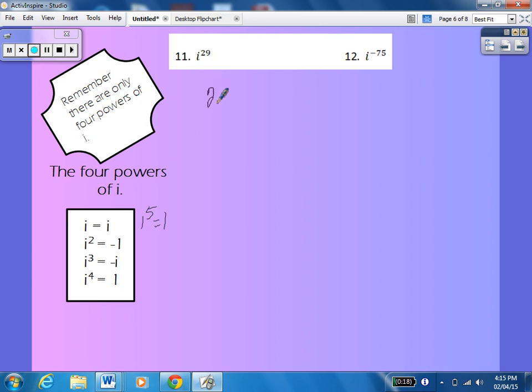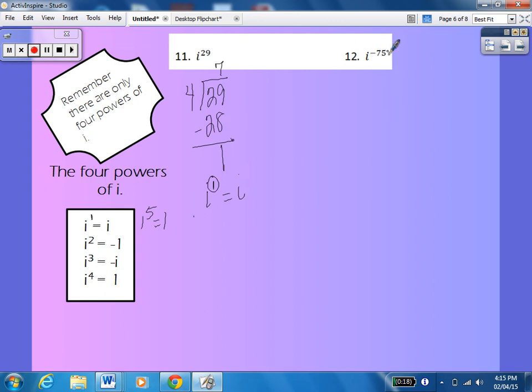So all we do is divide 4 into 29. 4 goes into 29 7 times. 7 times 4 is 28. Subtract, we get a remainder of 1. So that means that i to the 29th is going to be i to the 1. So the answer to this one is i.